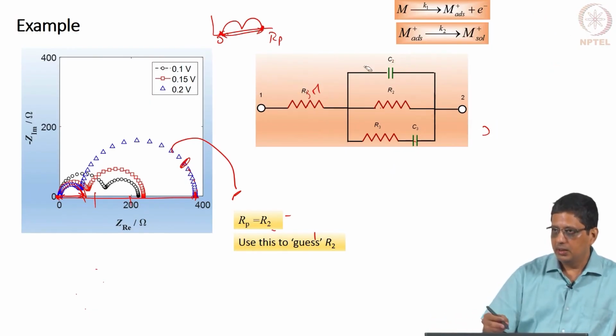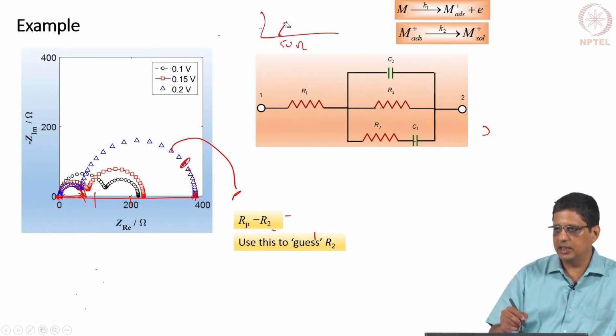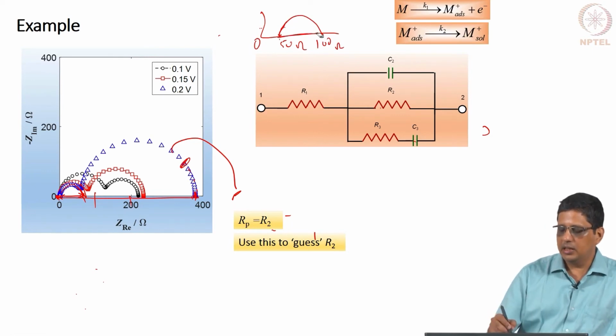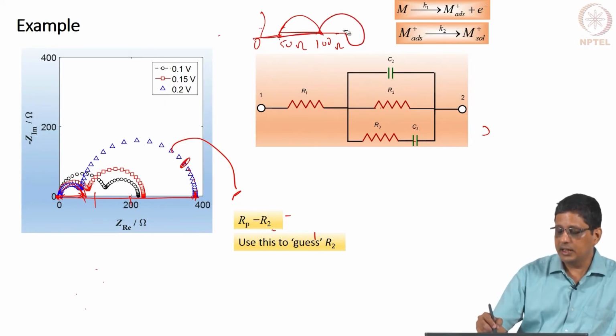Sir, can you repeat once? Yes, our solution is 0, right? In this case, yes. That is why you are taking 80 as RT. If our solution is some value, let us say 50 ohms is our solution. The spectrum starts here, it goes here, this is 100, this is 0. Then RT is 50, solution is 50, and I will just make up this story and say it comes here, this is 150, this is 200.